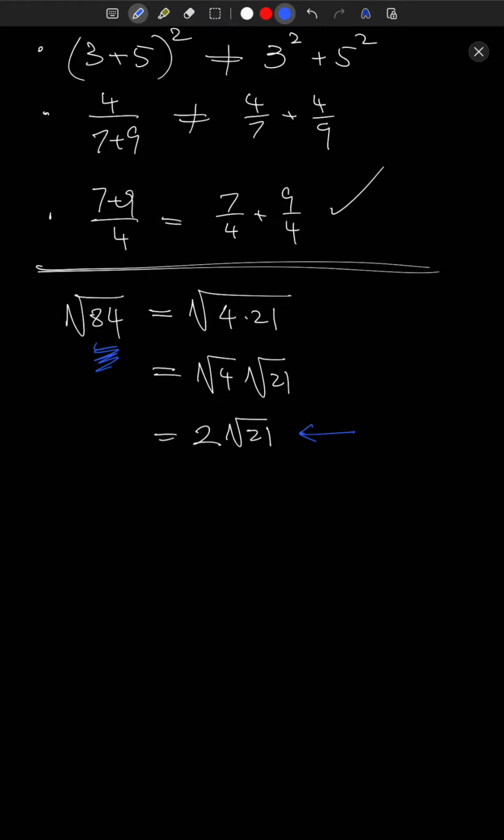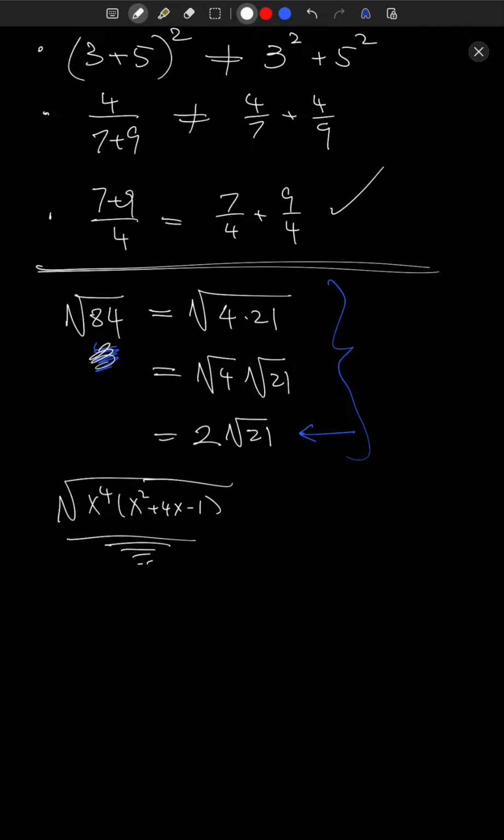It matters because while you do have a calculator for problems like this one with numbers, we're going to be moving into working with abstract quantities. It won't be just square roots of 84. We'll have square roots of something like x to the 4th times x squared plus 4x minus 1. If you were never comfortable working with square roots of numbers, it's going to be really hard to be comfortable working with square roots of complicated expressions.